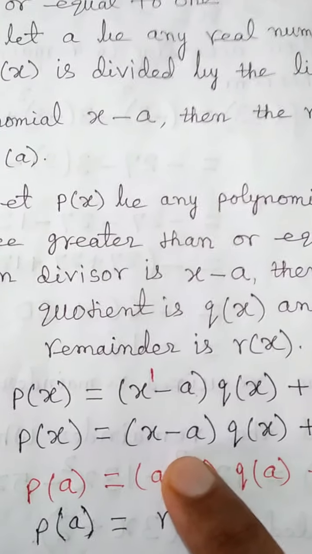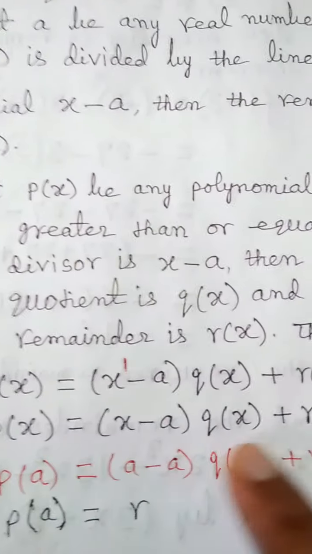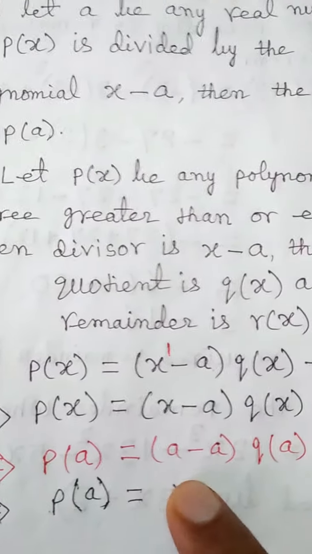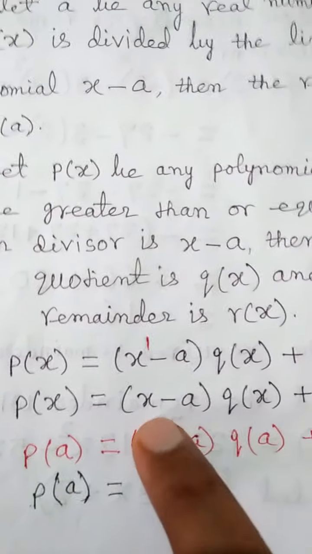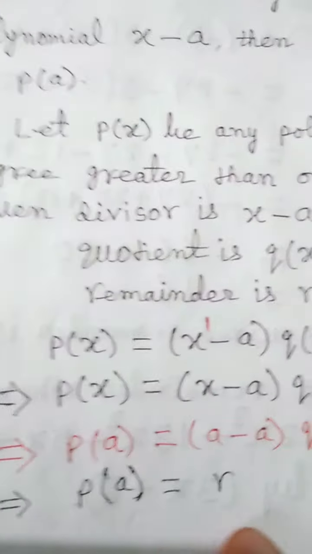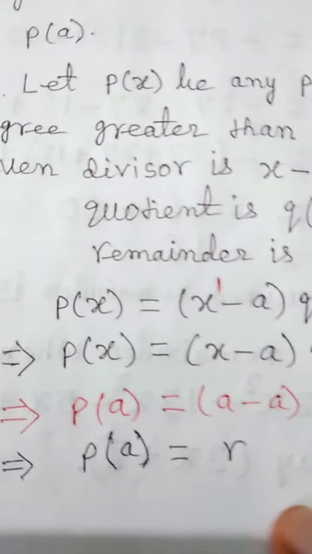When x is equal to a, then x minus a is 0 and P(x) is equal to r. It implies that P(a) is equal to (a minus a) into q(a) plus r, that is, P(a) is equal to r. This is called the remainder theorem.